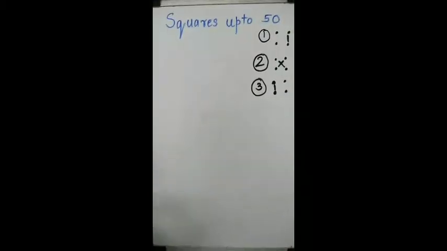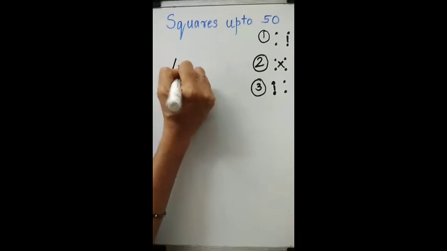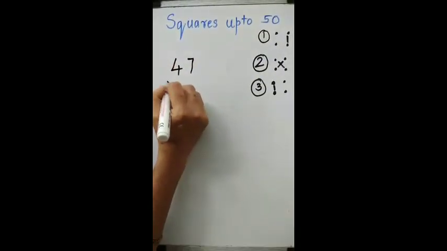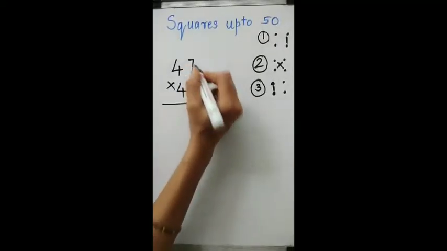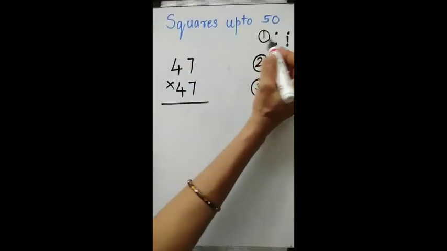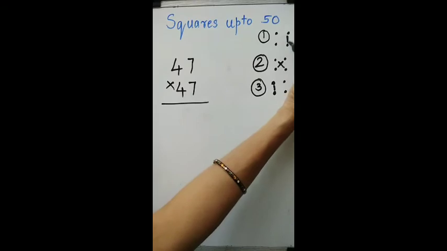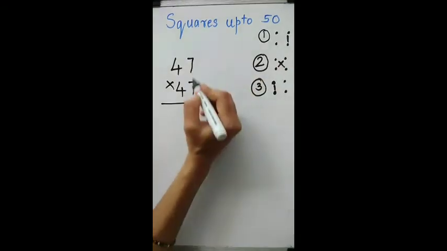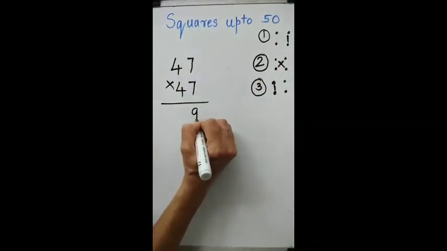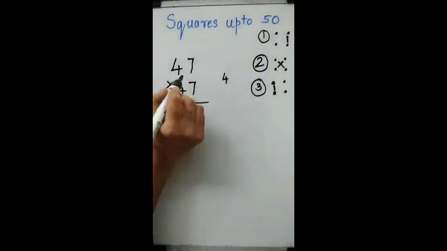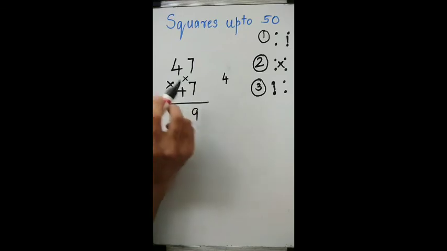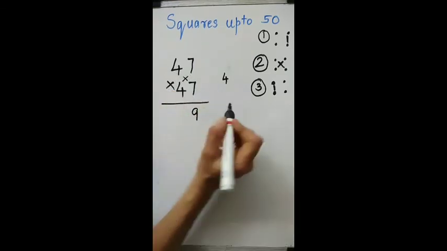Okay, let's take the number 47 into 47. My first step says multiply the units number. So 7 sevens are 49. So write 9 and carry 4. Now I have to multiply in a crisscross manner. 7 fours are 28, 7 fours are 28.